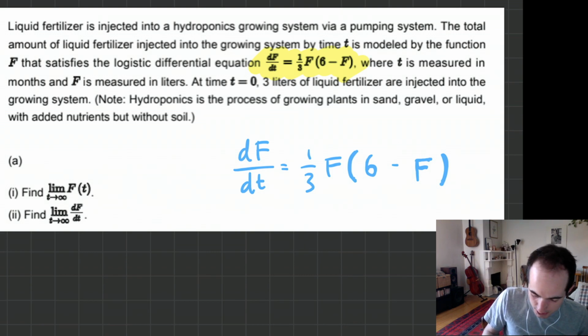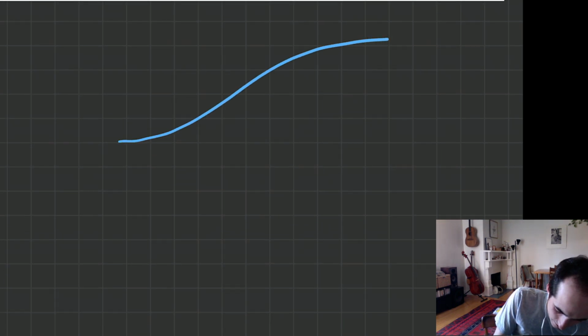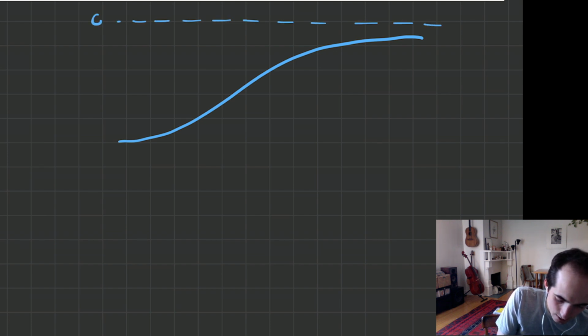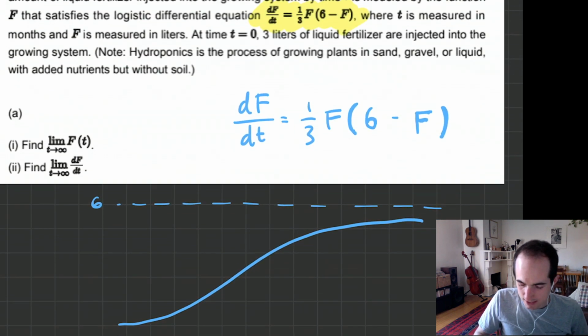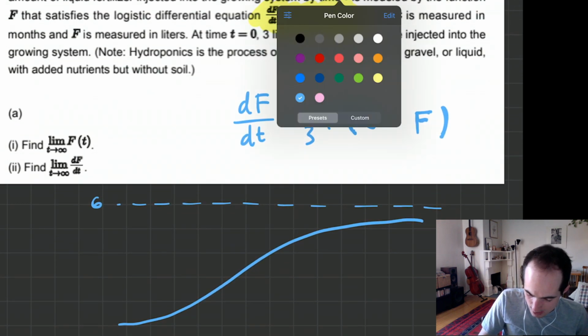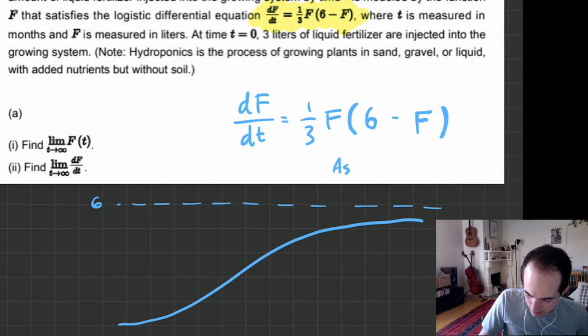Remember that the logistic equation is going to look something like this when you graph it. In this case, as we get closer to 6, the derivative gets smaller. As f approaches 6, df by dt approaches 0.